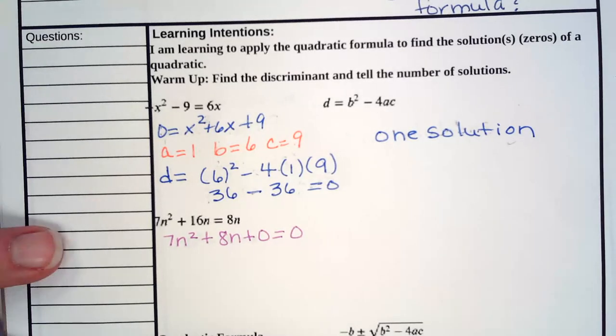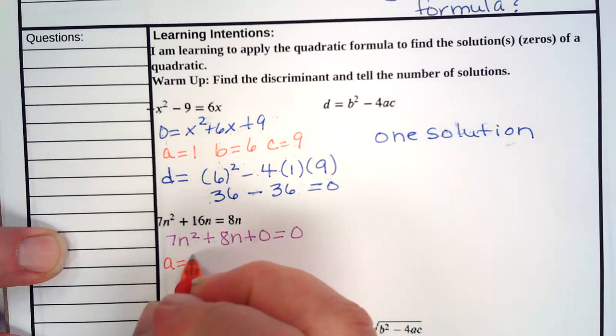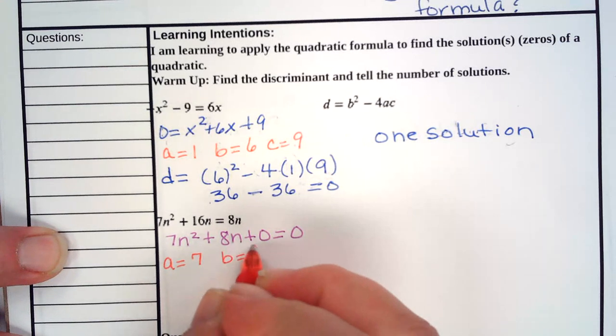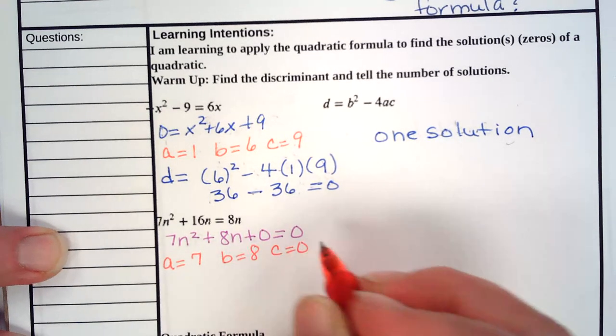What is a, b, and c? A is equal to 7. B is equal to 8. C is equal to 0.